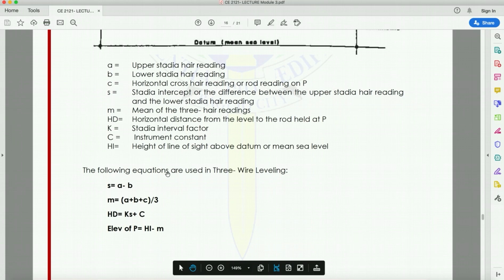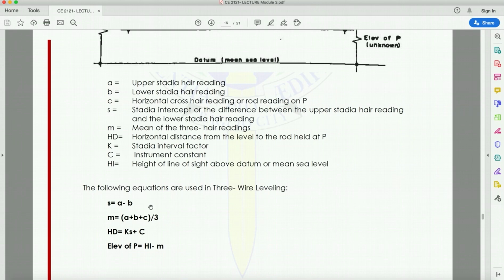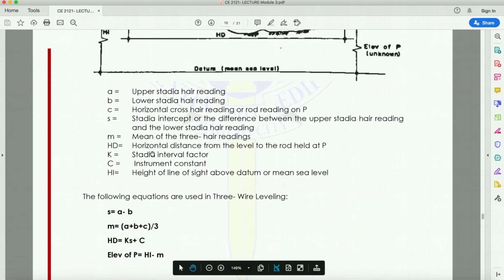So the following equations are used in three-wire leveling. So S is equivalent to A minus B, or stadia intercept is upper minus lower stadia hair reading. Mean is the reading A, B, C divided by 3. HD is KS plus C, where K is your stadia interval factor times your stadia intercept plus the instrument constant.